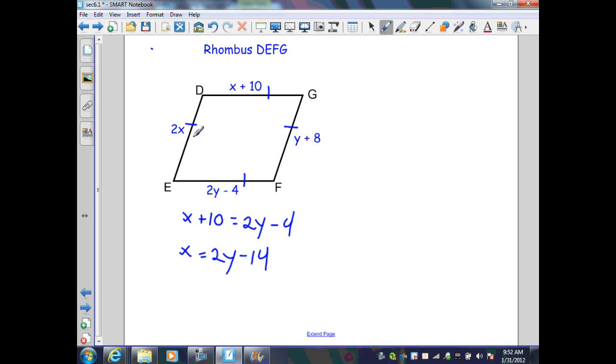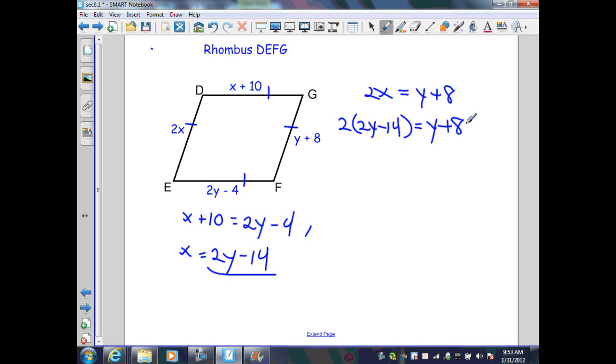Now I'm going to set up my other equation using the other segments being congruent. Therefore, 2x equals y plus 8. Since I know the expression for x is 2y minus 14, I can substitute that into this variable. So 2 times, and x is 2y minus 14, equals y plus 8.